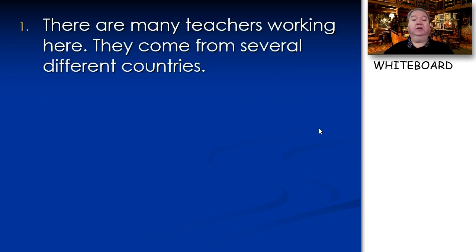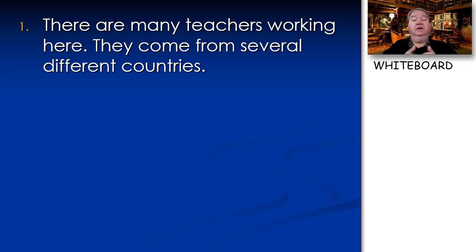Okay? So we looked at number 1. There are many teachers working here. They come from several different countries. So 2 sentences. How can we join these together? And why do we want to do that? Well, because they're related. And that's the idea with a compound sentence, is you can join together or combine 2 independent clauses, 2 sentences that are closely related to each other.